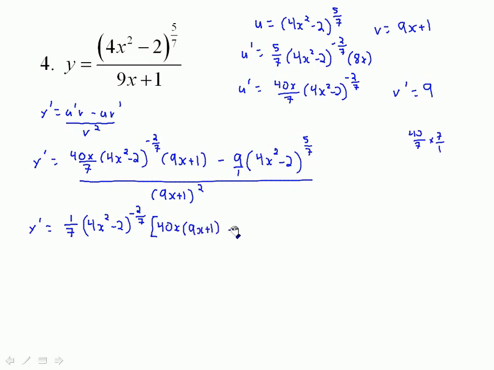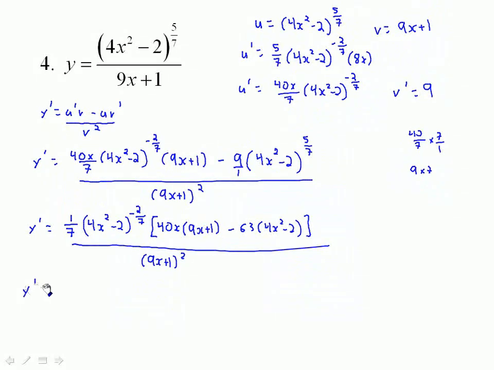And then 9 divided by 1/7 is 9 times 7 over 1, so it's become 63. And then that's 4x squared minus 2. And when we go 5 over 7 minus negative 2 over 7, 5 over 7 plus 2 over 7 is 1. And then this is all over top of 9x plus 1 to the 2.